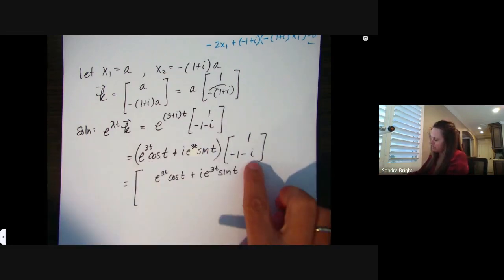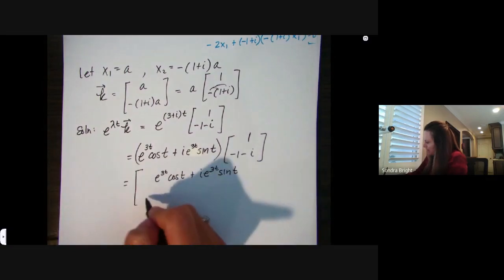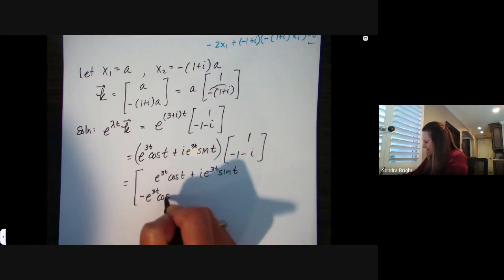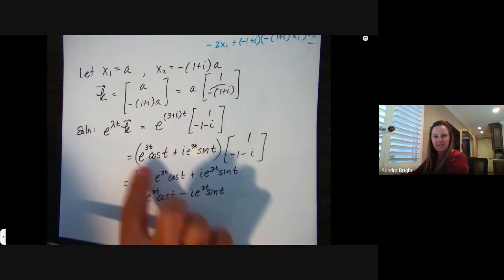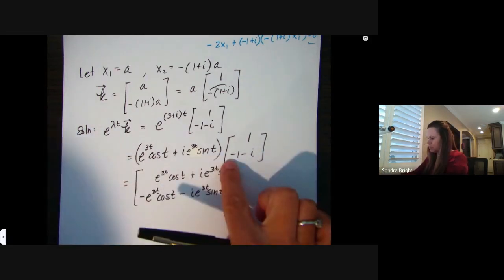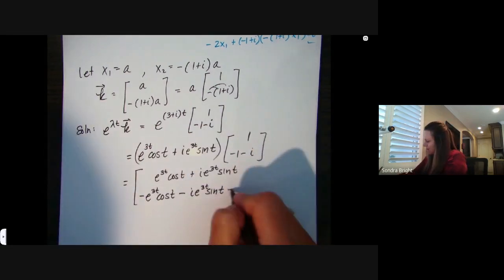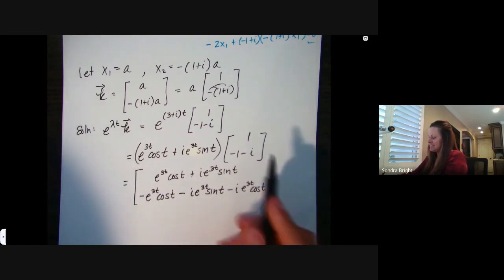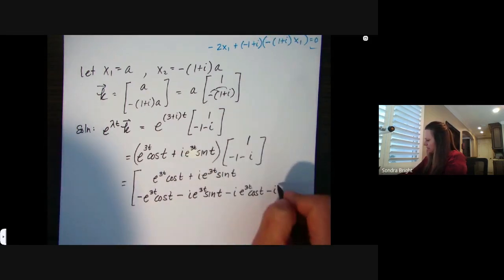Times negative 1 gives negative e to the 3t cosine of t minus i e to the 3t sine of t. Times negative i gives negative i e to the 3t cosine of t minus i squared e to the 3t sine of t.